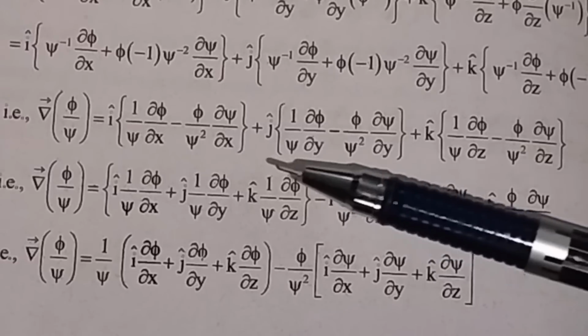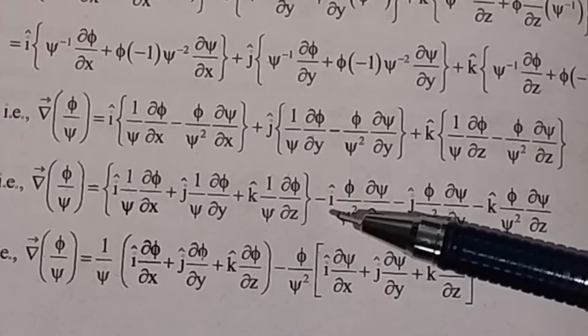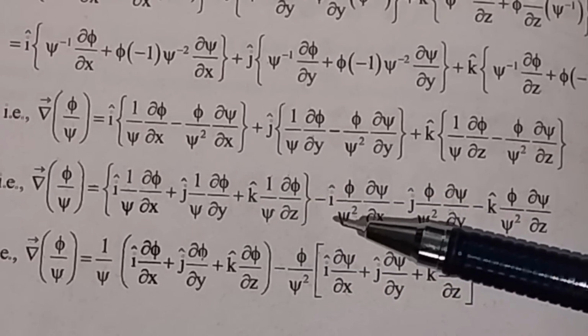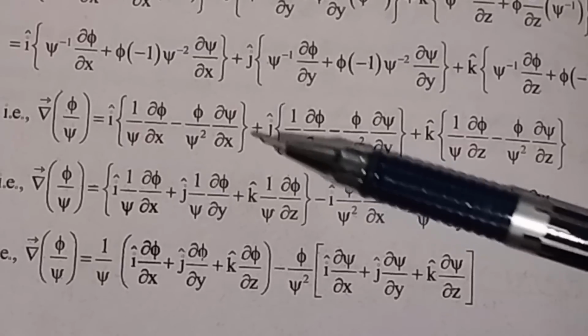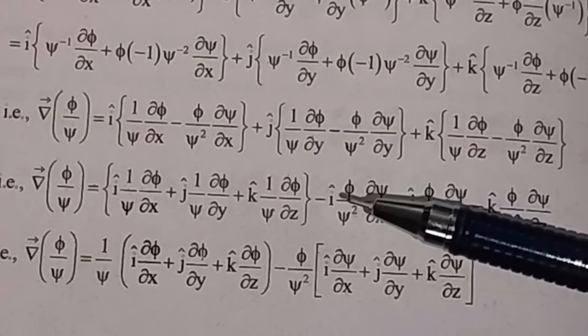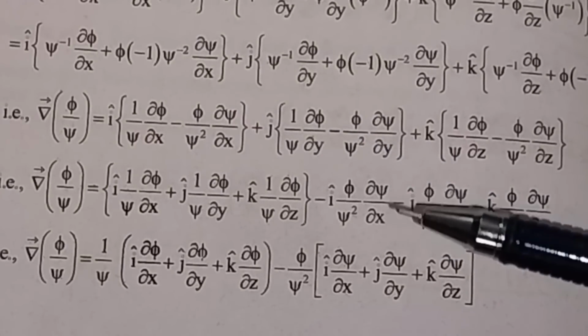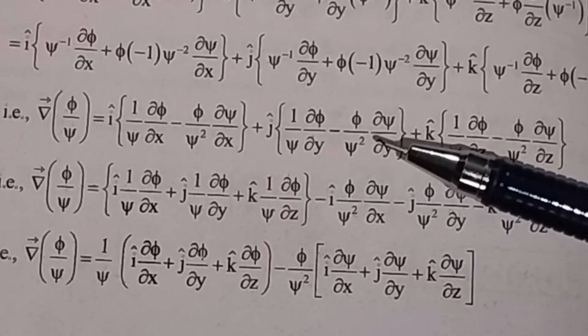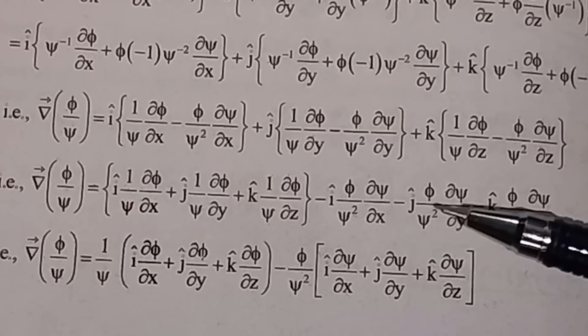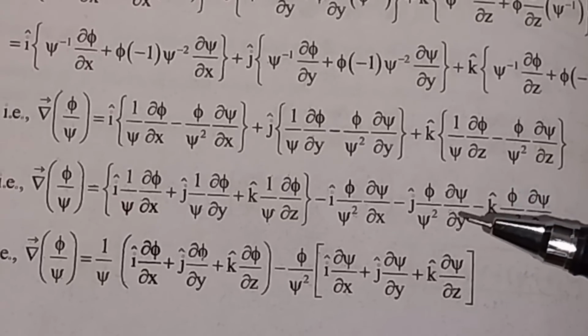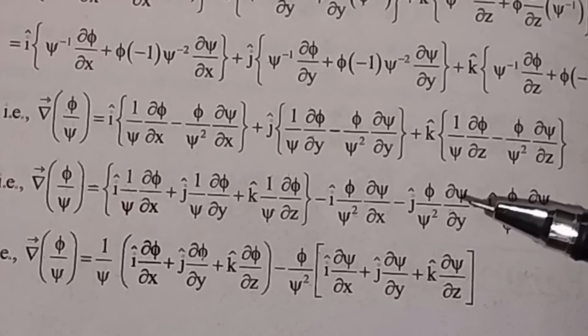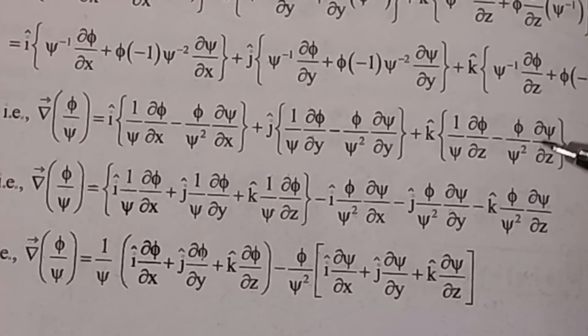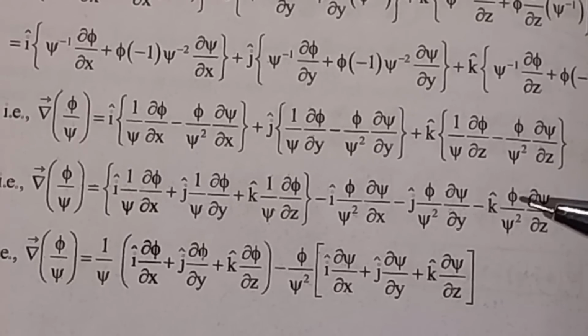Then minus, for the psi terms, minus i cap phi divided by psi square del psi by del x, then minus j cap phi divided by psi square del psi by del y, and minus k cap phi divided by psi square del psi by del z.